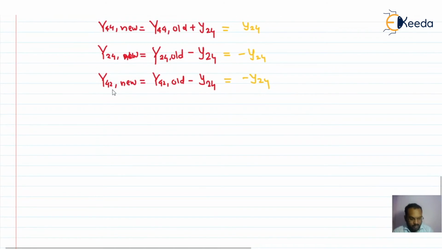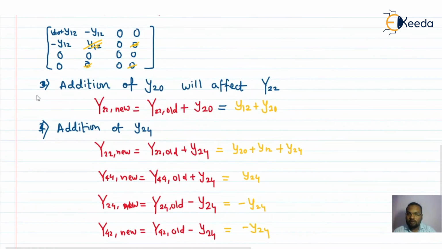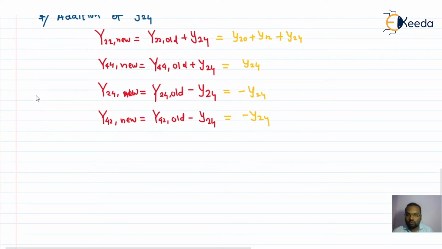The modified y bus matrix we have with us now is this. The first entries are y10 plus y12. Here it was minus y12, 0, 0 we had. Then here, of course, we have minus y12. Now my y22 has been modified.